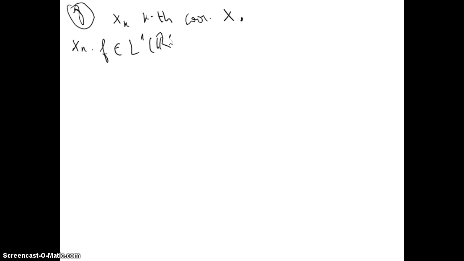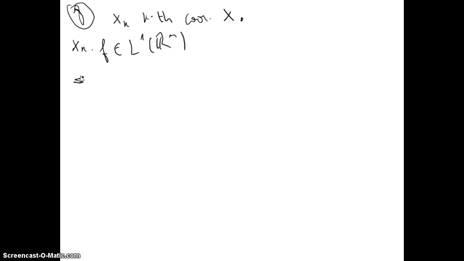Another property: suppose xk denotes the kth coordinate of x. Suppose that xk multiplied by f is in L1 of Rn.